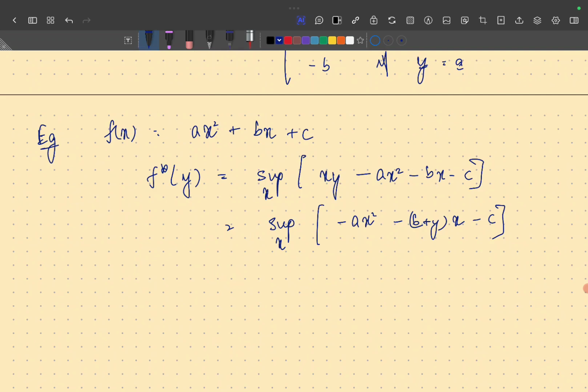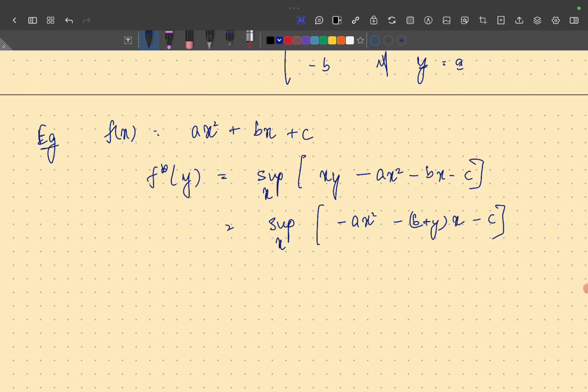Okay, does it matter? I have that ax squared term, right? In fact, in this case, the value of y doesn't matter at all.